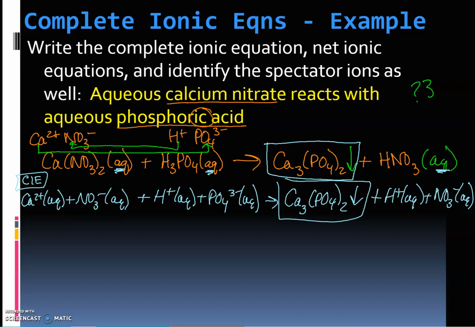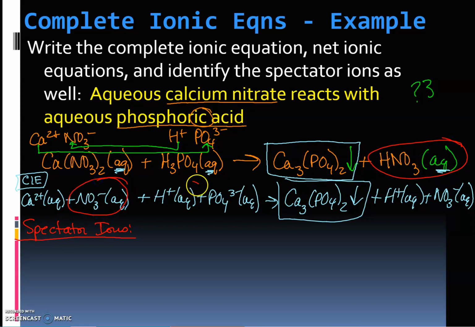Okay, so who are your spectator ions? Spectator ions are going to be the same on both sides of the equation, or the aqueous product. So HNO3, it's going to be NO3- and H+, and NO3-. So cross them out.